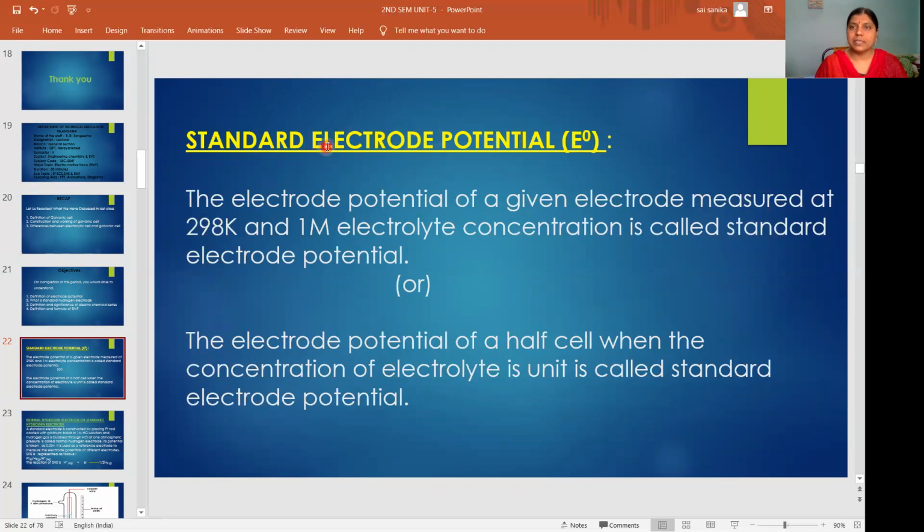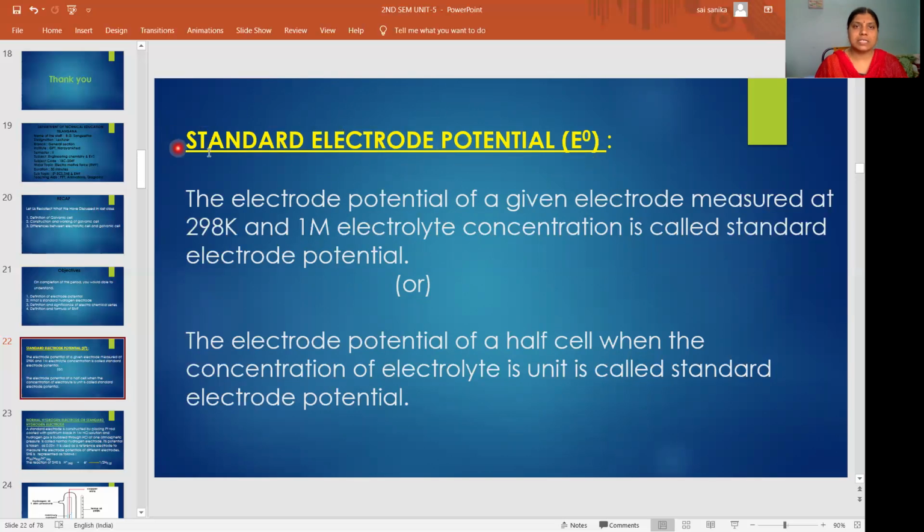It is represented by capital E. Here we are studying standard electrode potential. The capacity to lose electrons is called oxidation potential, and the capacity to gain electrons is called reduction potential.